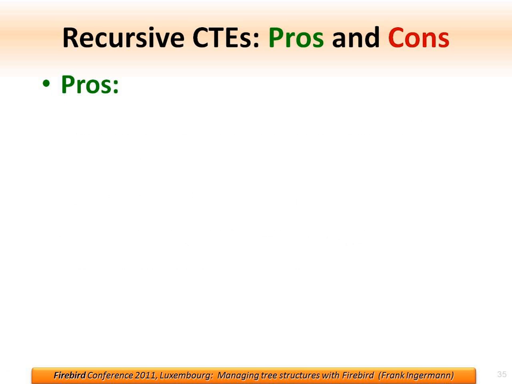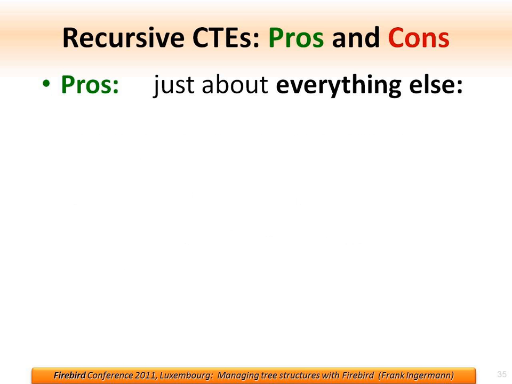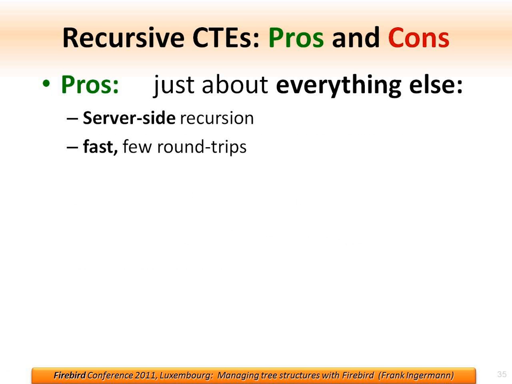The pros of CTEs are really just about the rest. We have server-side recursion, so we don't have to piece together a big tree on the client side, and we have one single statement. Therefore, they're very fast, which is also due to how they're implemented. We're going to go into a little more detail on that. It's pretty clever how they're implemented.